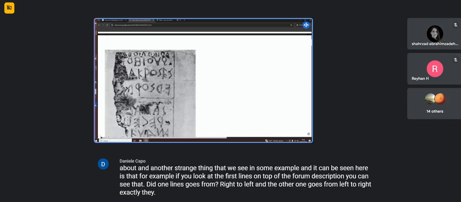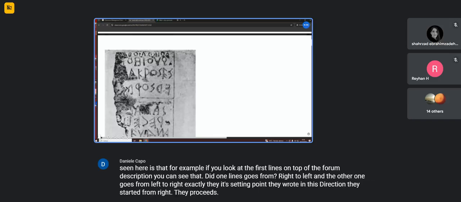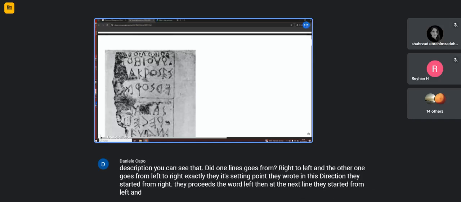At a certain point they wrote in this direction. They started from the right and proceeded toward the left. Then at the next line, they started from the left and went toward the right.